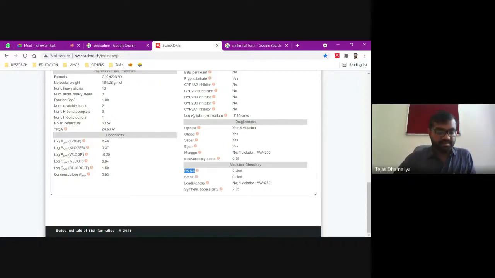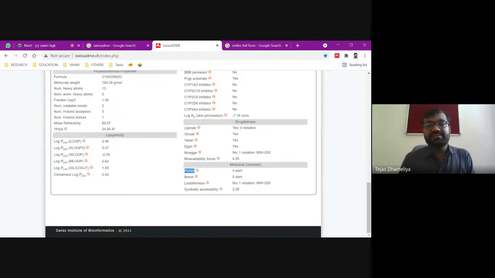PAINS. Basically, this is pan-assay interference compounds. There are certain compounds which show all kinds of activity, such as curcumin, which is obtained from Curcuma longa. So curcumin is this kind of PAINS compound, which has universal activity: anti-inflammatory, anti-TB, anti-malarial, immunomodulatory. All those activities are considered against PAINS, pan-assay interference compounds.